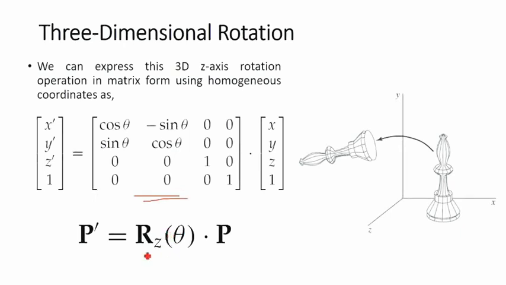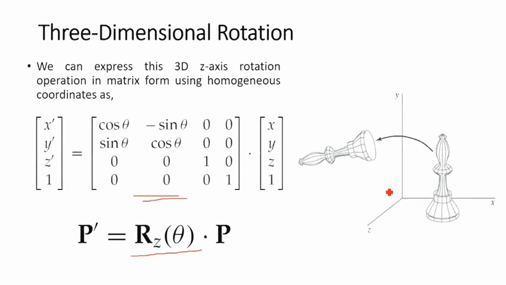It is denoted using this symbol called RZ of theta. The subscript z here represents that we are rotating the object around z-axis, and theta is the angle of rotation. And as we already saw in the derivation in 2D rotation, when I apply this matrix, the rotation happens in anti-clockwise direction.